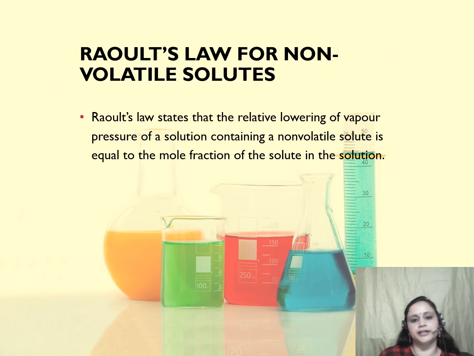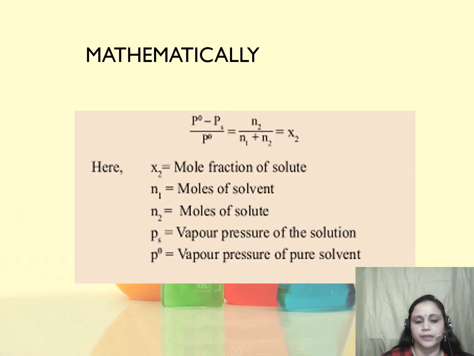For a non-volatile solute, because it does not vaporize, its own contribution to the vapor pressure is negligible. In such a case, the relative lowering of vapor pressure is equal to the mole fraction of the solute in the solution. Mathematically, it can be represented as P naught minus PS upon P naught is equal to N2 upon N1 plus N2, which is xi2.